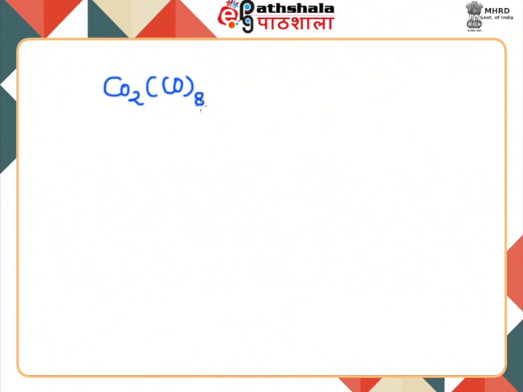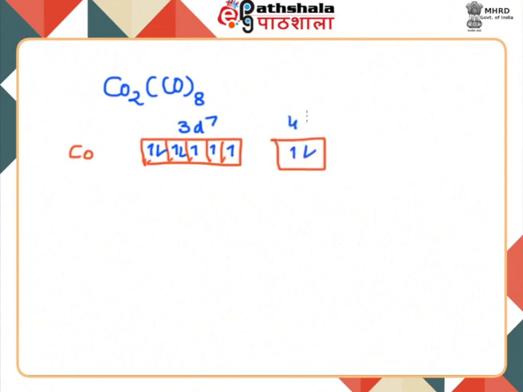octacarbonyl, and for that let us consider the ground state of the cobalt atom, that is, its electronic configuration. What we have is 3d7, 4s2, and 4p0.